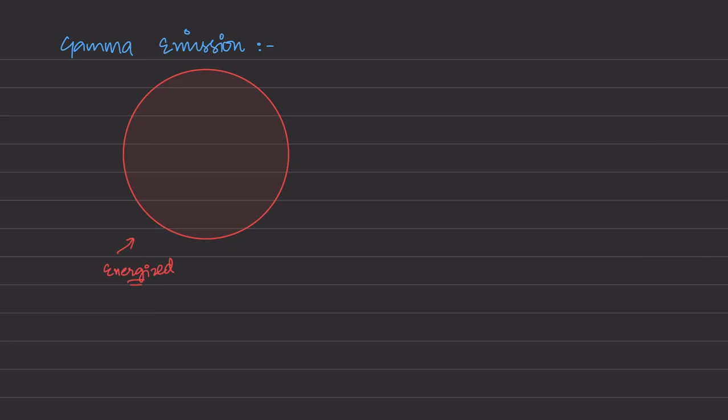So why don't we have a change in the parent nuclide? That is because it exists in its energized state, its excited nuclear state. So what happens here is that it emits gamma radiation. Gamma radiation would show like this. There's gamma radiation here, this is the gamma ray.